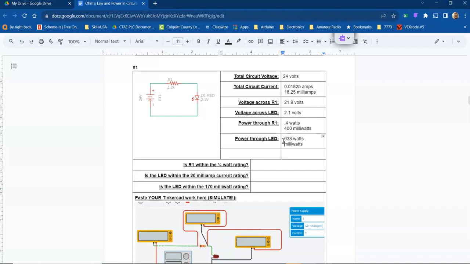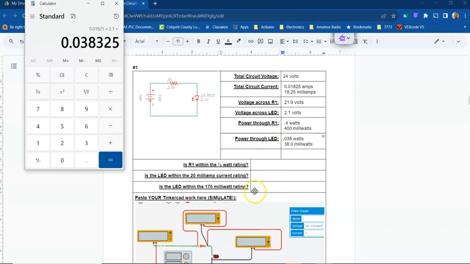Multiply that times 1,000, you get 38 milliwatts. Let me check my math because something doesn't seem right over here. 0.01825 times 21.9, I'm just checking my work, is 400 milliwatts.